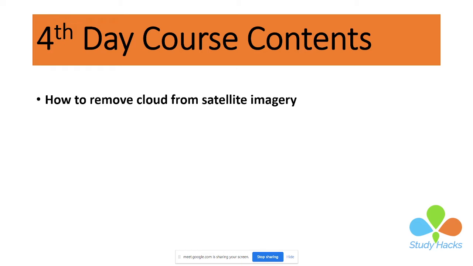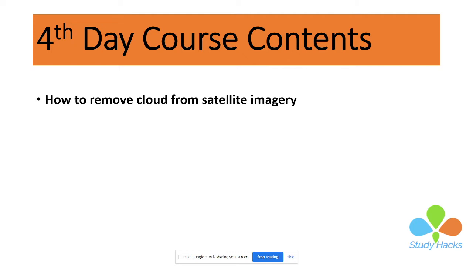First of all, I will discuss how you can easily remove clouds from your satellite images. When you work with cloudy, wet season or rainy season images, you can face some cloud and haze. This cloud and haze is very difficult when you want to make a land cover classification map, because you cannot get the proper accuracy or the right land cover classification map.